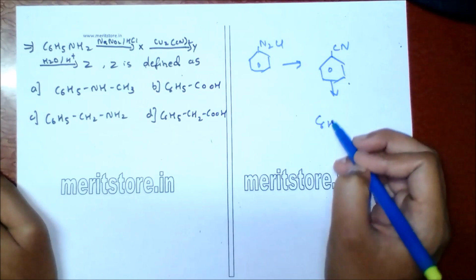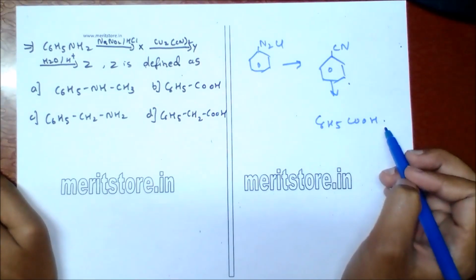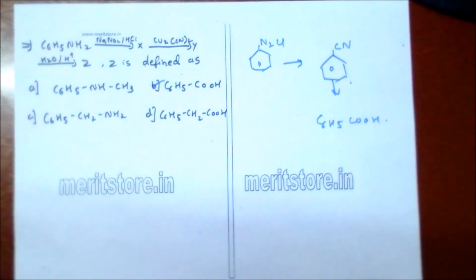So C6H5COOH is Z. So option B is the correct answer.